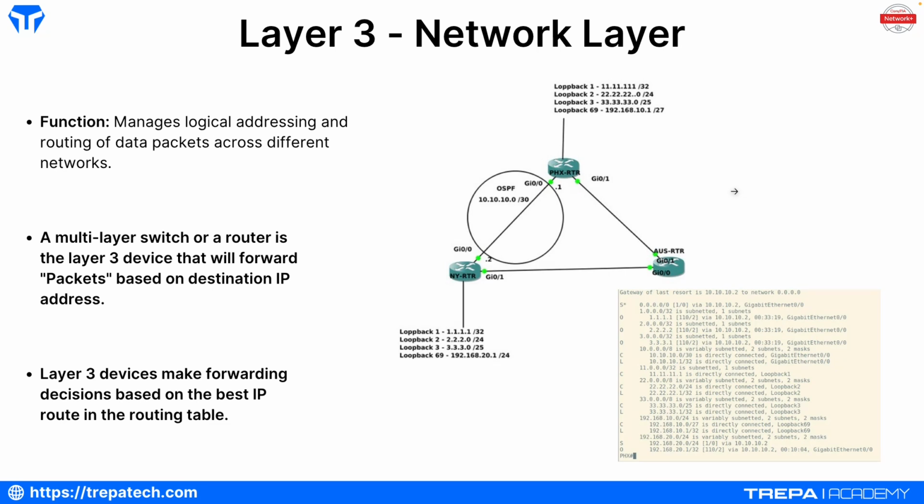Okay, I do. Let me forward it out that outgoing interface, or whatever that next hop IP address is, which would still be, at the end of the day, in that data plane, the outgoing interface. Anyways, so again, layer 3, the network layer, that's going to be IP addressing, and that's going to be devices making forwarding decisions based on the best IP route in the routing table.